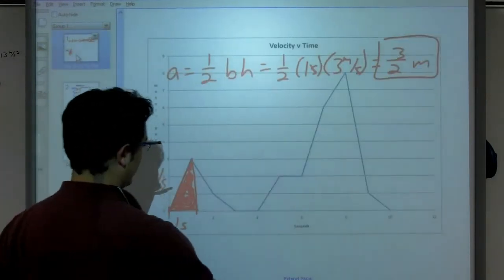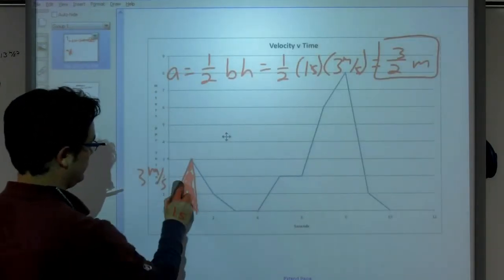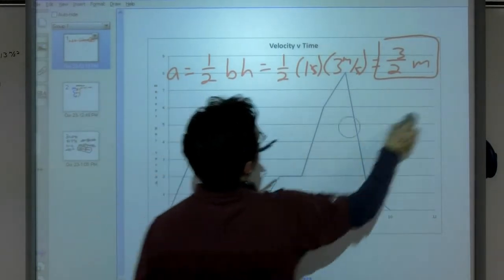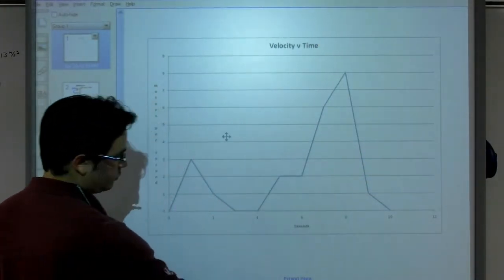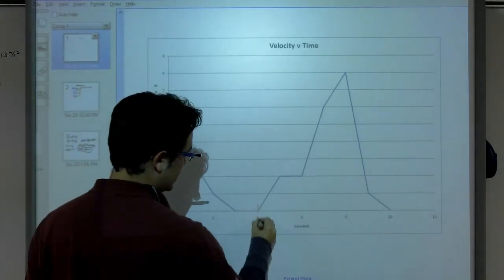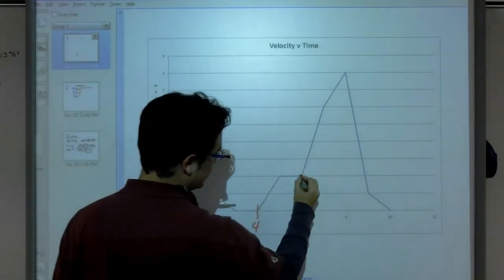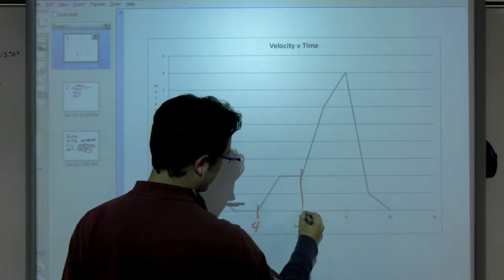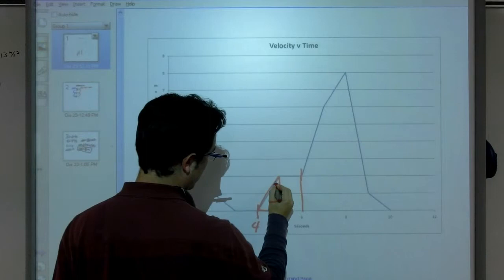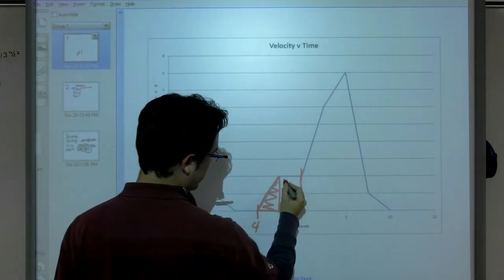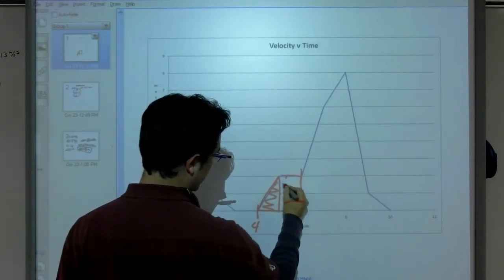All right, let's check one of the other displacements on here. Let's take a look at from t equals 4 to t equals 6. So I'm looking at this area. Well, it's a little more complicated. I've got this part here, which is a triangle, and then I've got this part here, which is a rectangle.